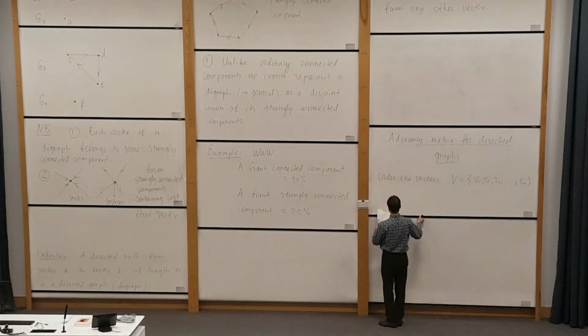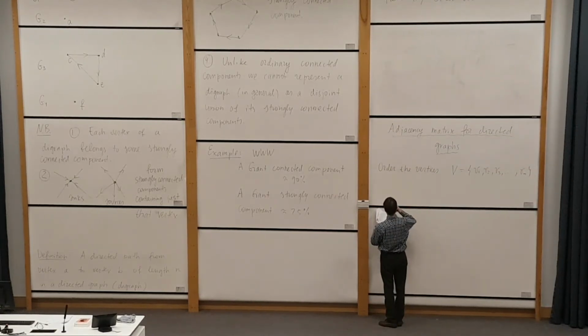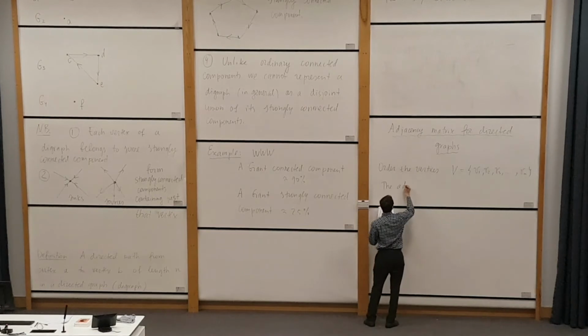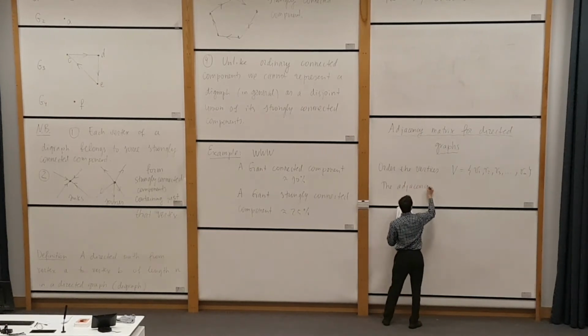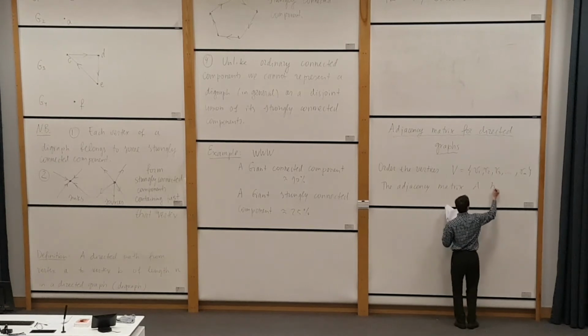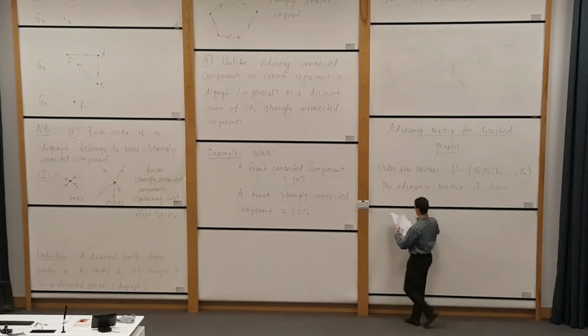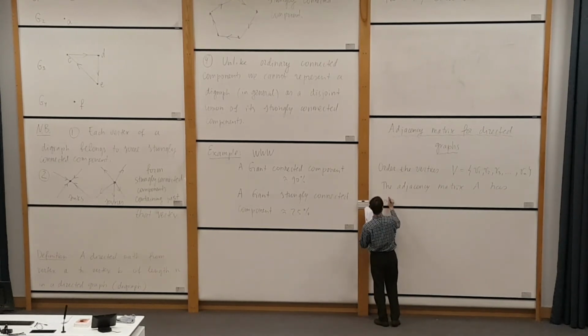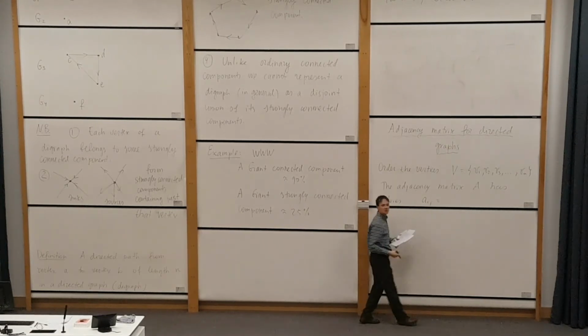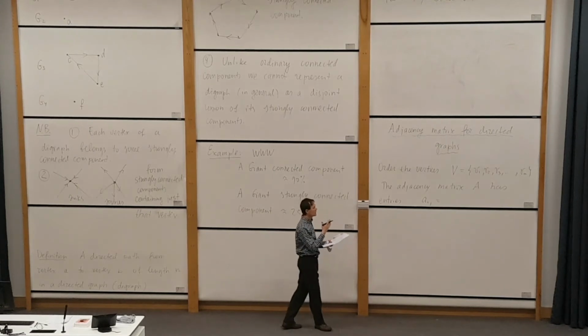Then we define a matrix, the adjacency matrix A, to have entries A_ij, with the same pair of labels for the row and the column.